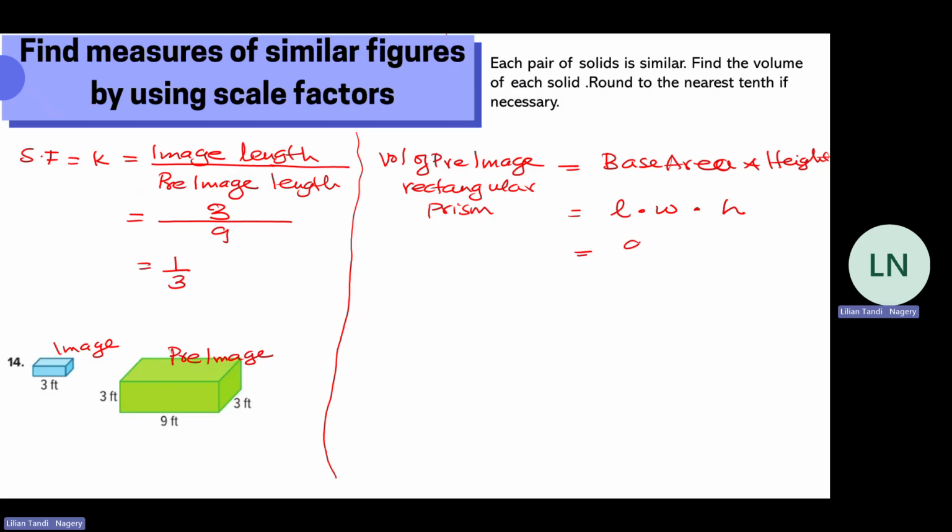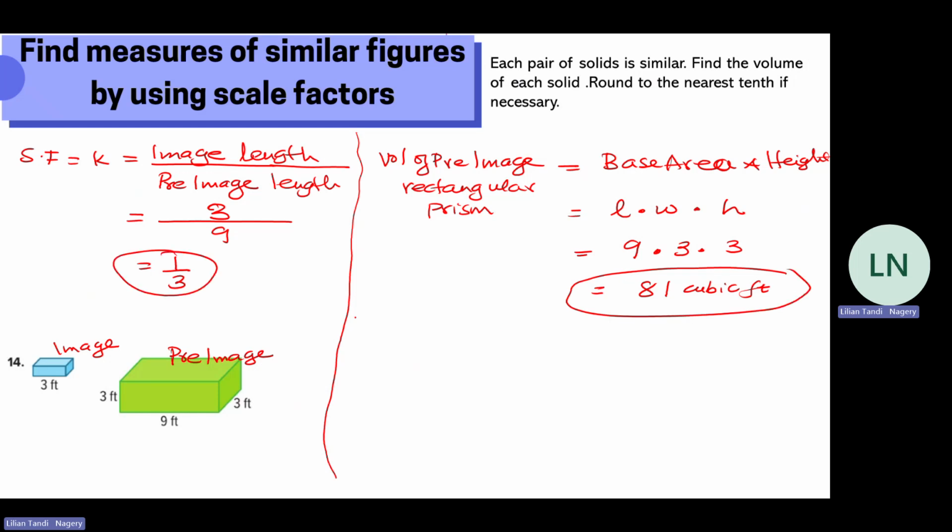What is our length? 9. What is our width? 3. What is our height? 3. So this is 9 times 9. This is 81 cubic feet. Okay, this is an important value I will need.